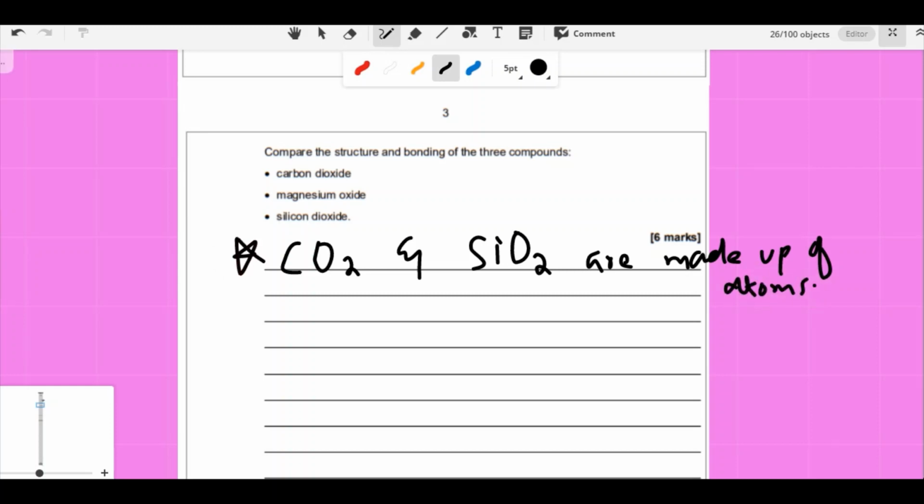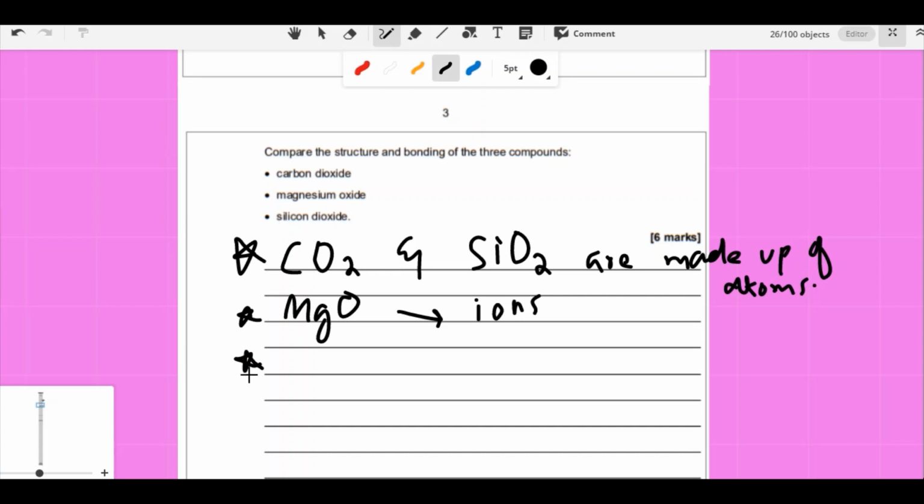Alright, so that is our first point, while magnesium oxide, MgO, is made up of ions. I am going to write in a shortcut way to save time.